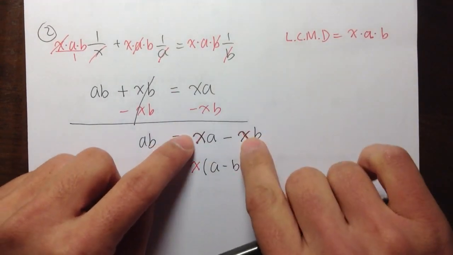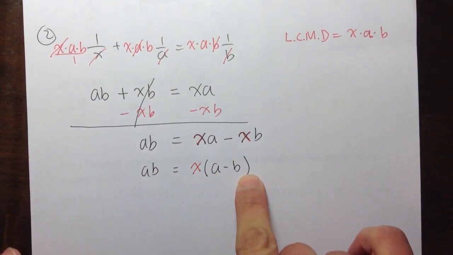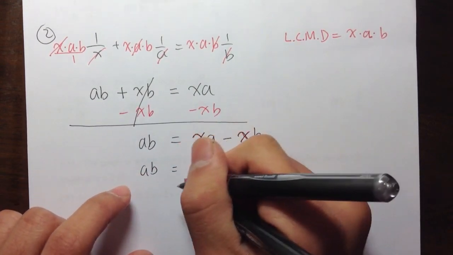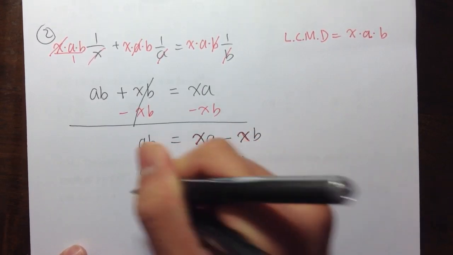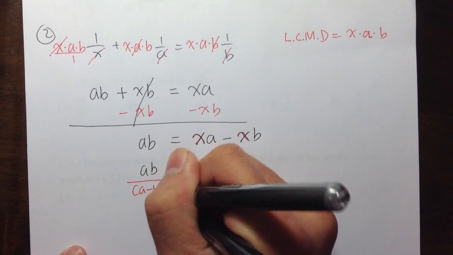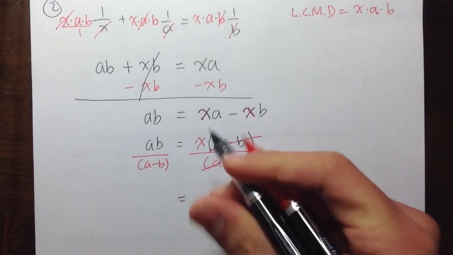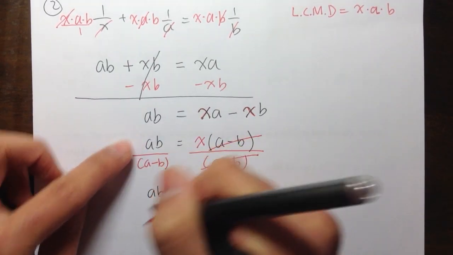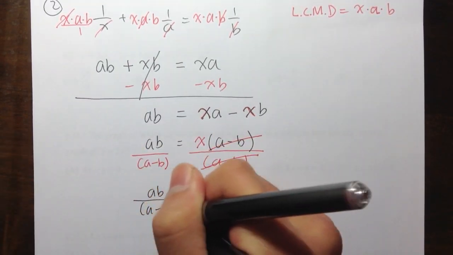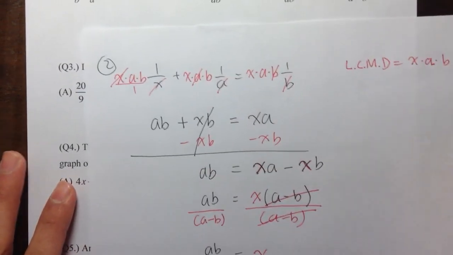Now once we factor the x times a minus b, I can just divide both sides by whatever we have here, a minus b. Then this cancels out, and I get x equals ab over a minus b. Okay, ab over a minus b.